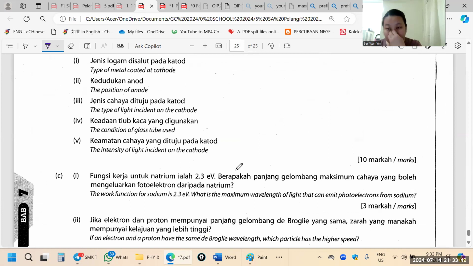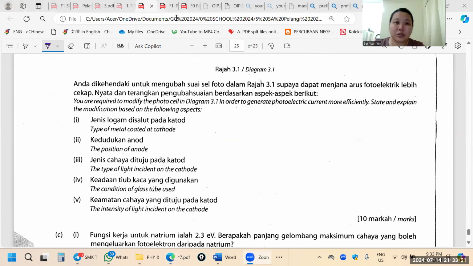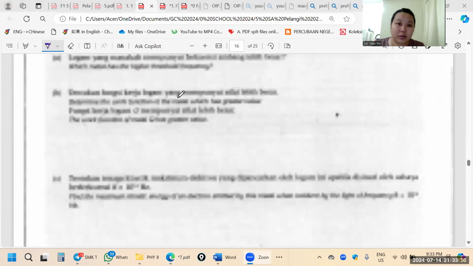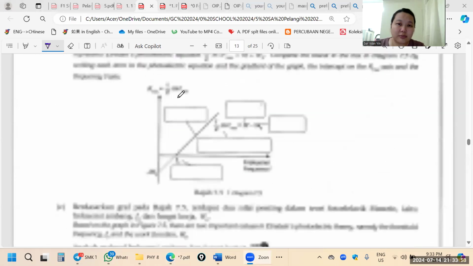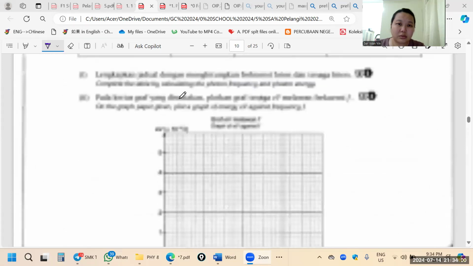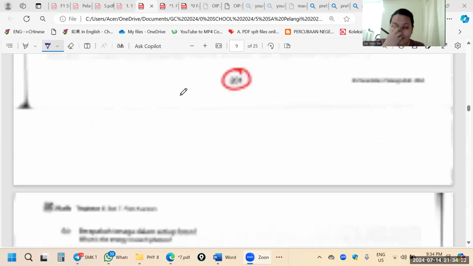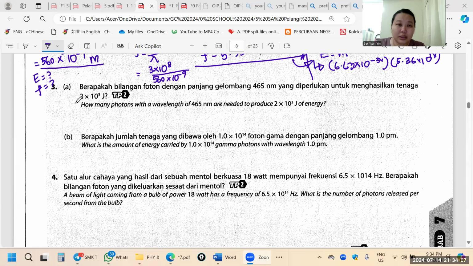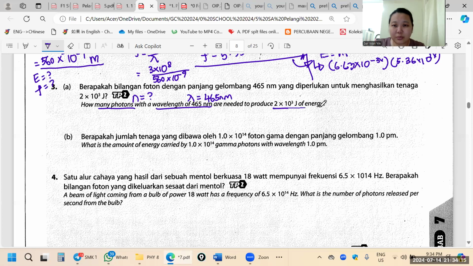Okay. For question 3, what formula should I use? Question 3: how many photons, n equals question mark, wavelength lambda 465 nanometer, needed to produce E equals 2 times 10 powers of 3 joules?